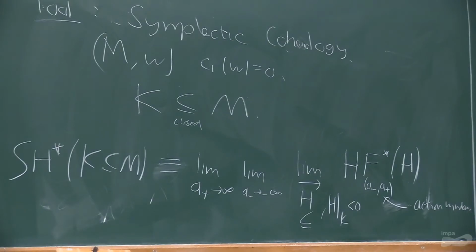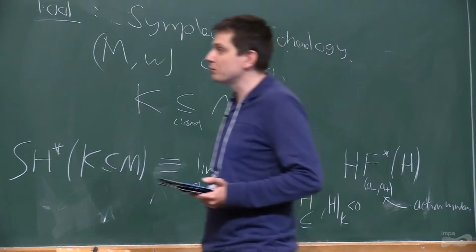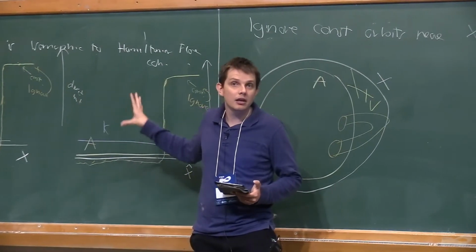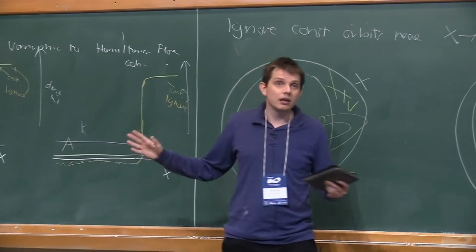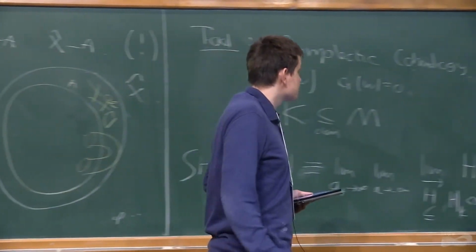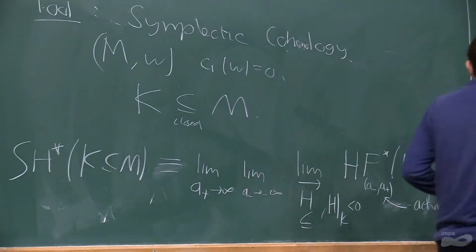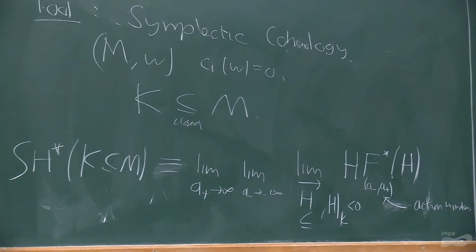Okay, so now probably I'll just finish this talk by stating some formal properties of symplectic cohomology. And whenever I write down these formal properties, you should think of how they apply in this context, with these large compact sets K and these Hamiltonians. Okay, so first of all, this is an algebra.